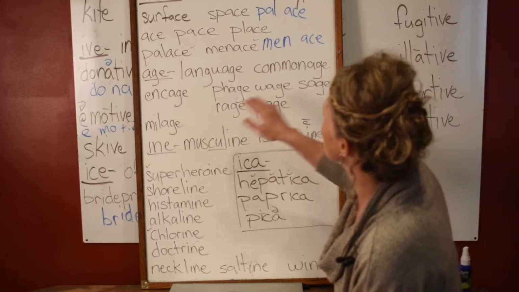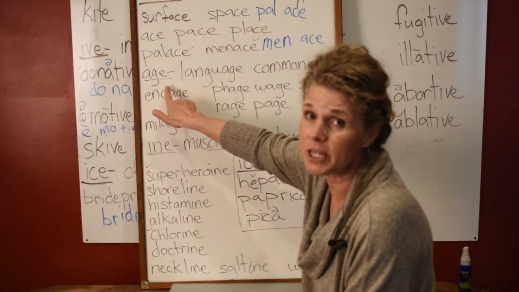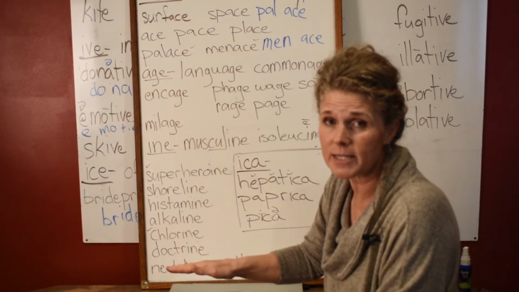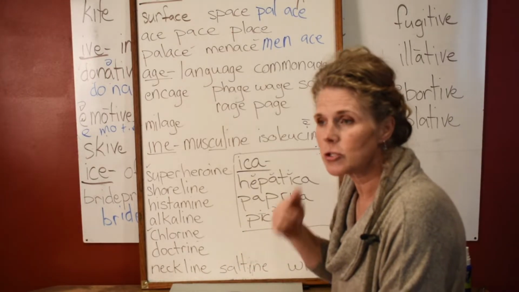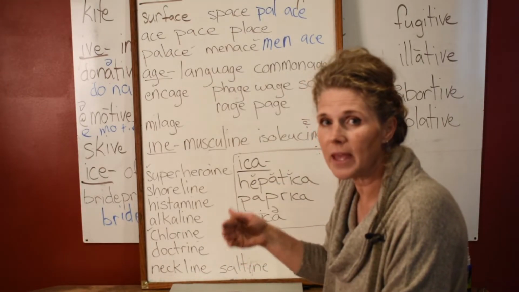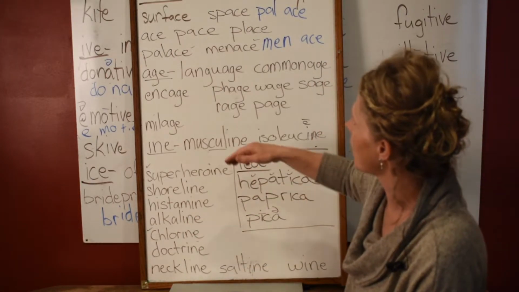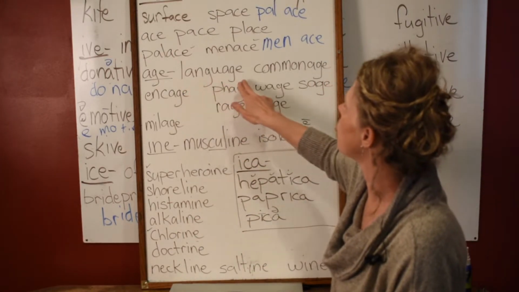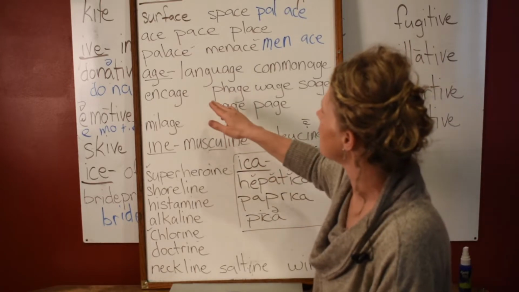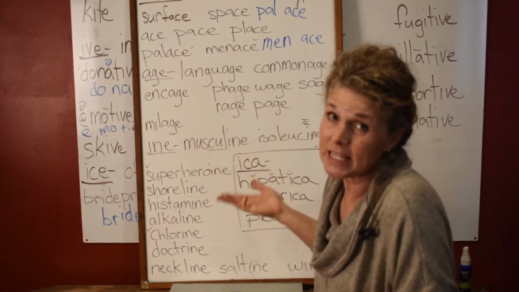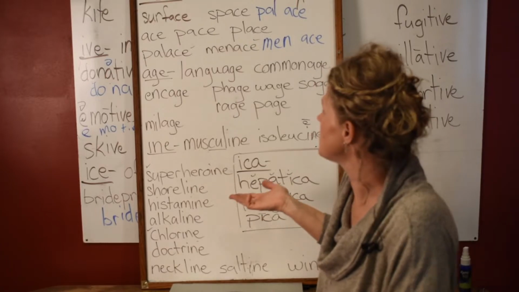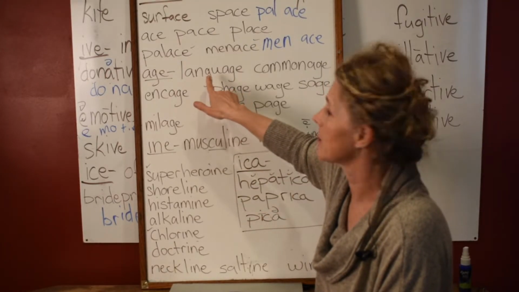Okay, so now we're going to move over to AGE, which at the end of a multi-syllable word, it says idge. So when you hear idge at the end of a multi-syllable word, you spell it AGE, okay? So now, language. Now this is kind of a fun word. This isn't obviously in our language because you hear gw right here.